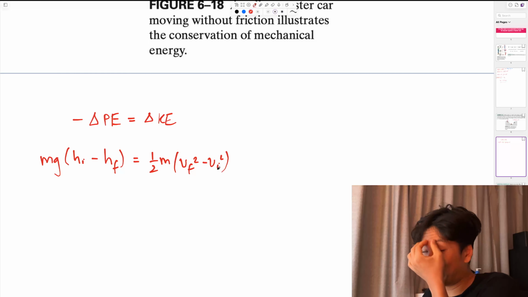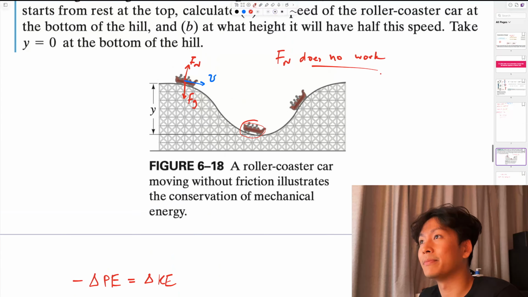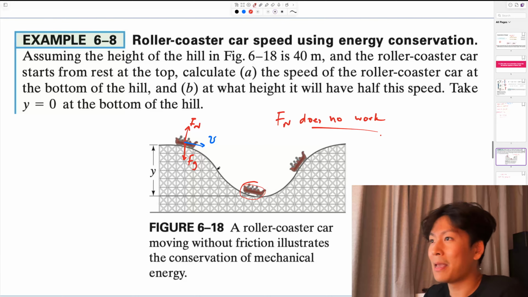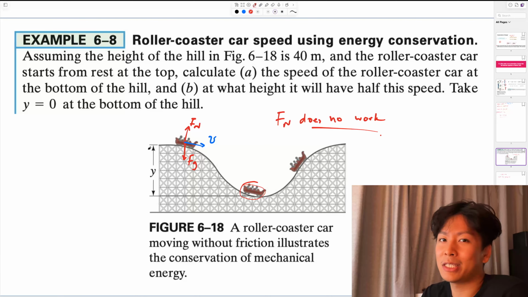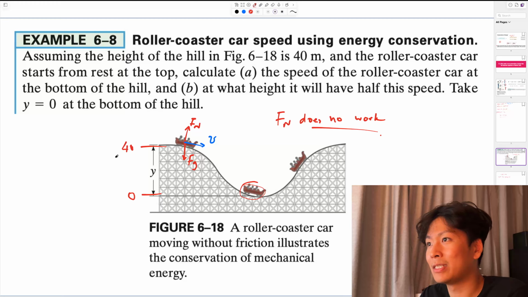Now, it's important that I go back and define my coordinates, because if you remember, energy is all about relative. I can start here to be 0 and here to be minus 40, or I can start here to be 0 and here to be plus 40, which is what I'm going to do.